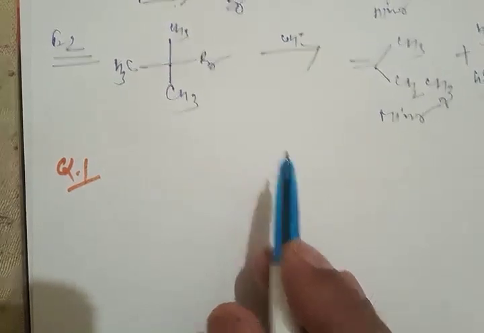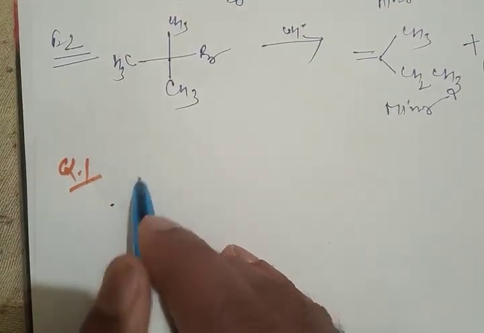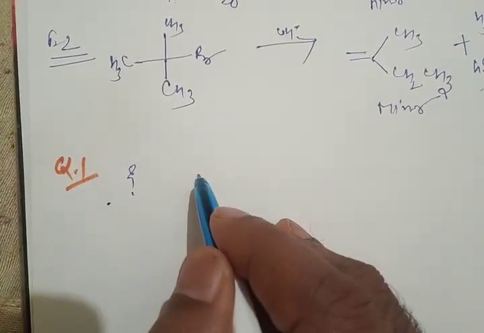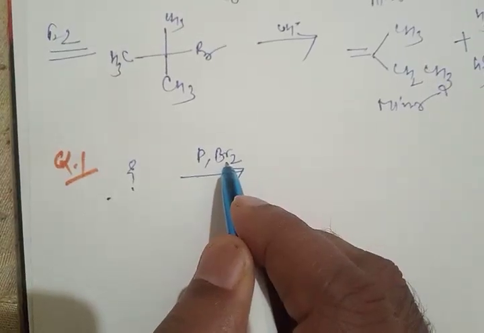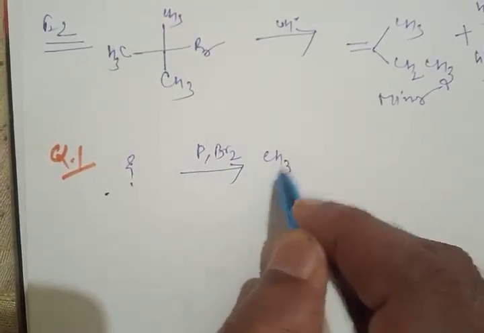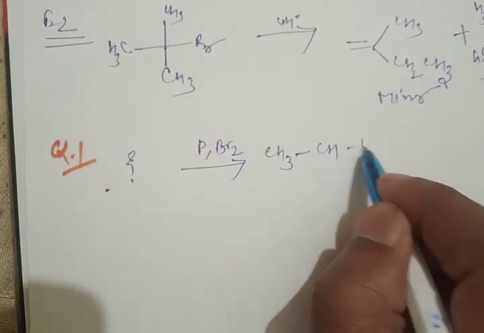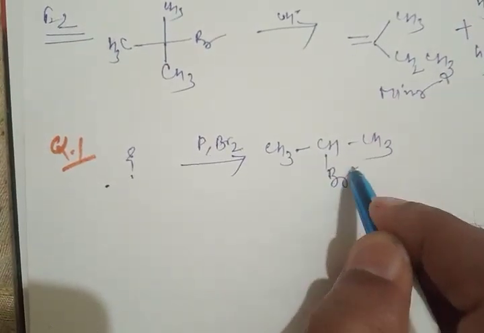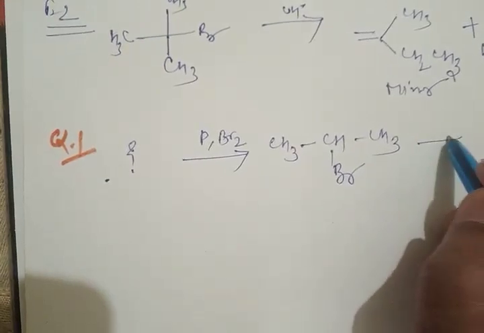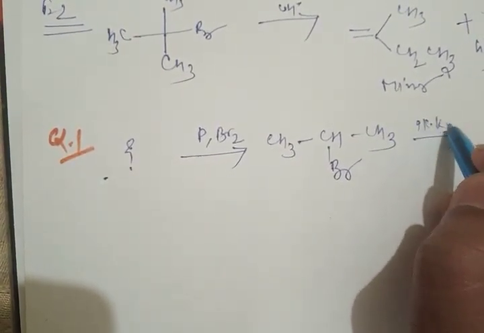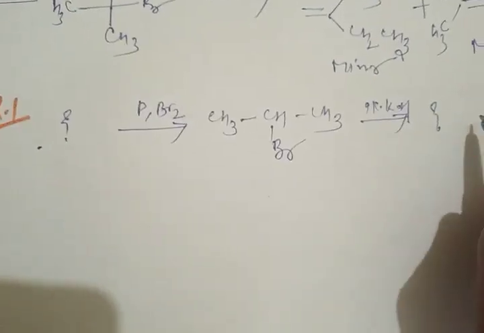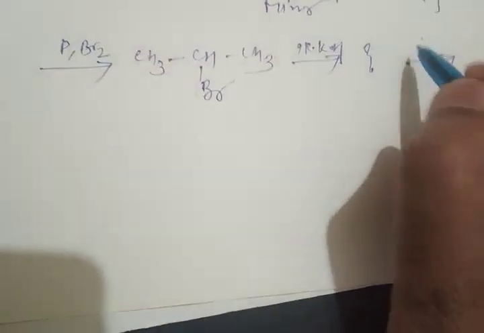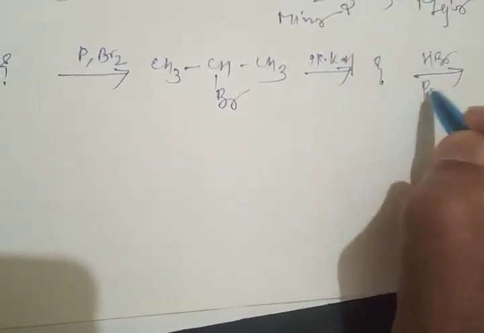The reaction is: a question mark, then PBr3, the product is CH3CH2Br, and then you have alkali KOH, then again a question mark, and then you have HBr with peroxide, and this is the question mark.